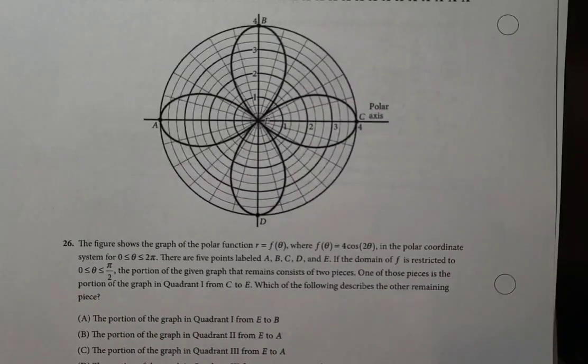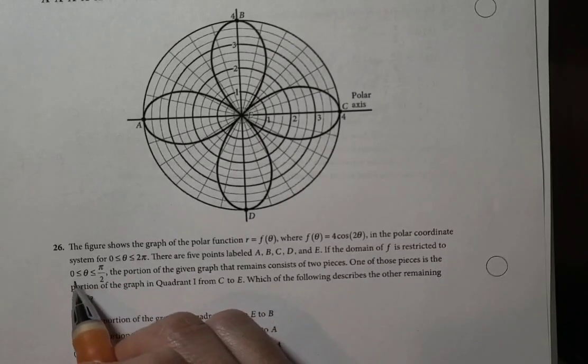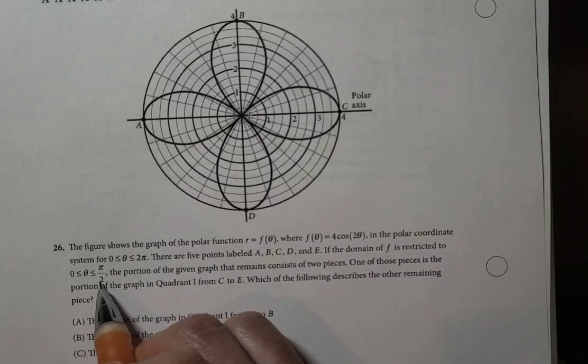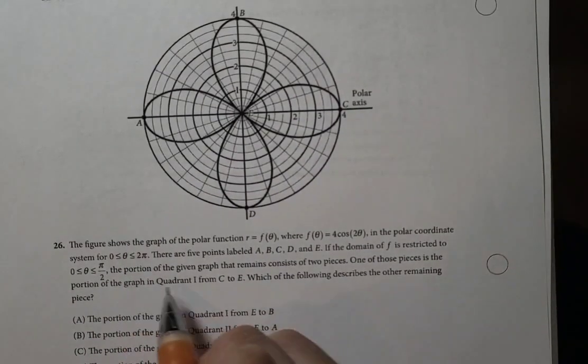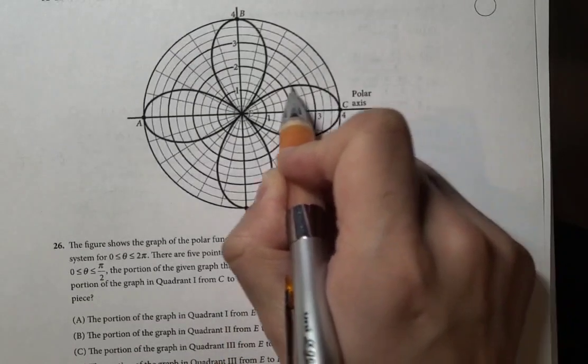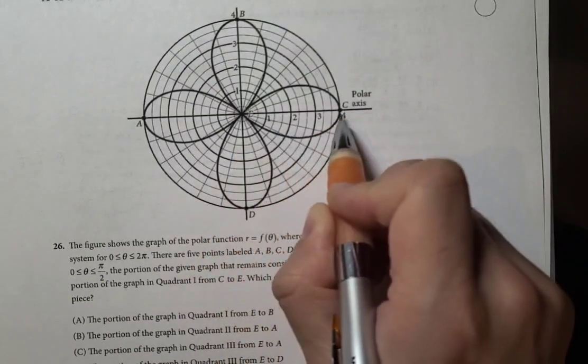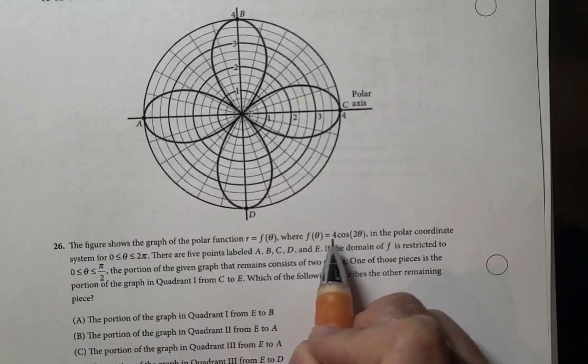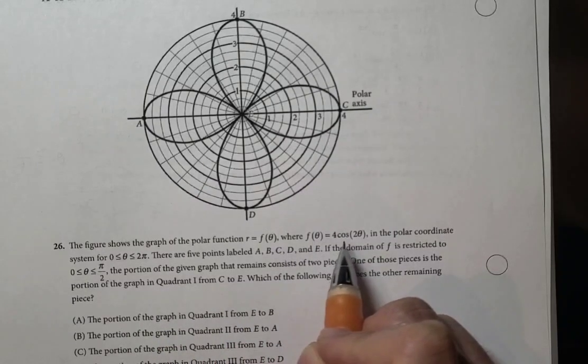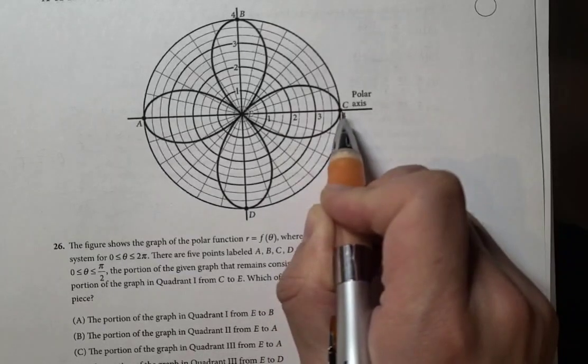Okay, so if it's from 0 to pi over 2, it's saying that one portion is from C to E. So obviously when we start from theta is 0, f would be 4 times cosine of 0, which is 4 times 1, so 0 would be here.